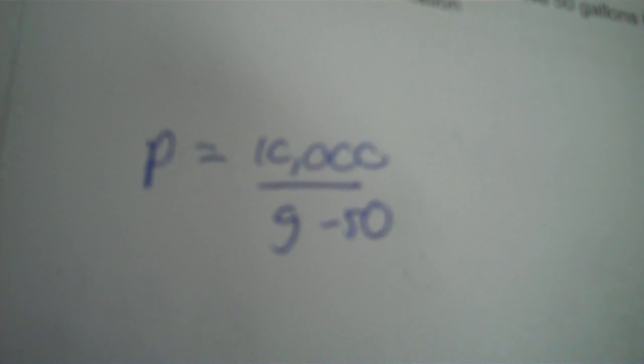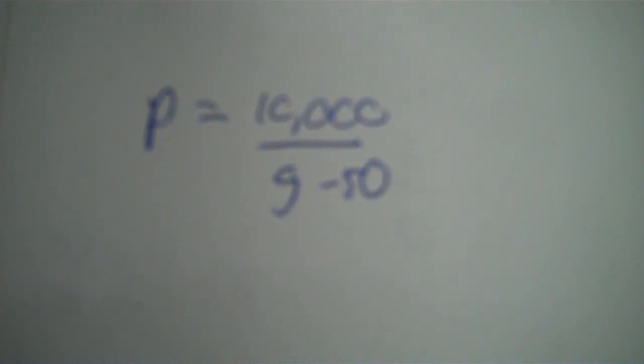Now, asymptotes. There's G and there's P. Now the G isn't going to be 0 anymore. So I would take that G minus 50, set it equal to 0.